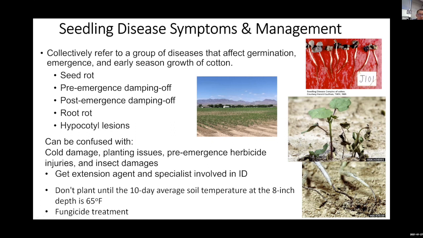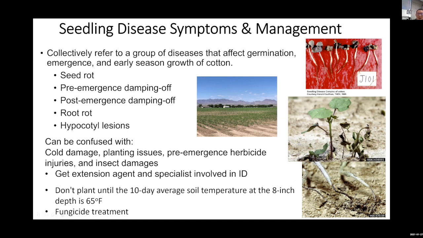And a lot of times you will see root rot. For Rhizoctonia, as shown in this picture here, most in the US see this necking above the ground, and it's very typical. Again, it can be confused with a lot of other conditions like cold damage, planting issues, pre-emergence herbicide injury, or even insect damage.